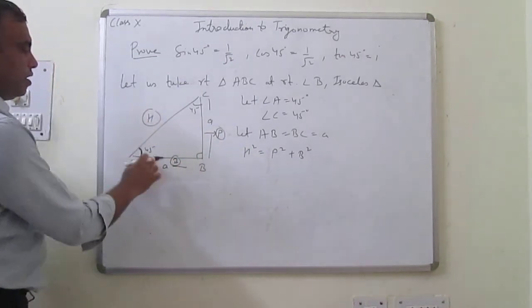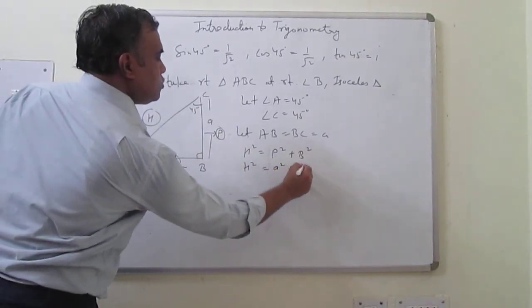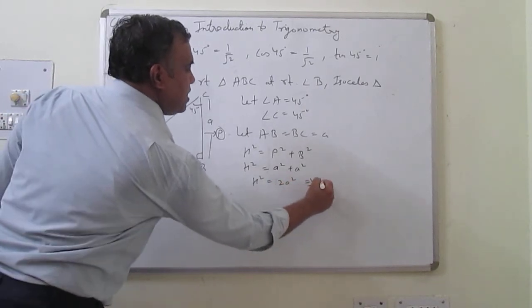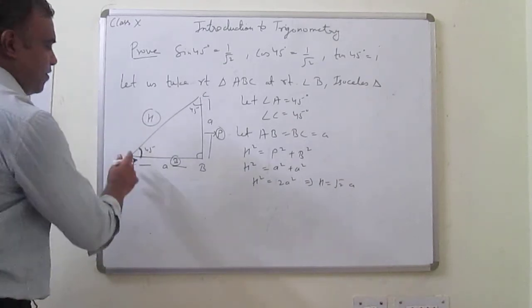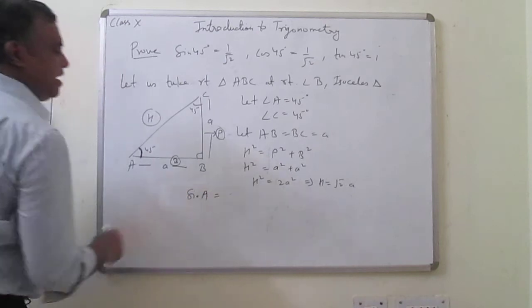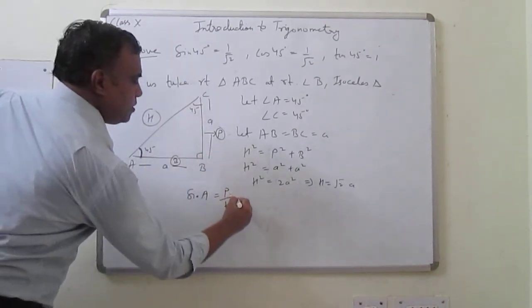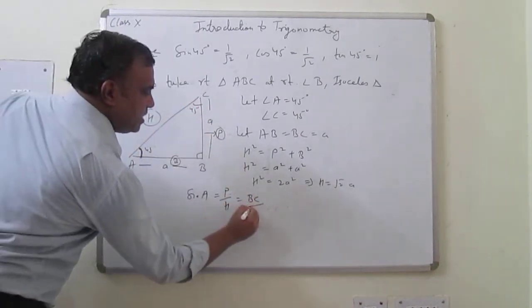Now h square is equal to a square plus a square, so h square is equal to 2a square. This implies h is equal to root 2 a. Now what is the formula of sin A? Sin A is p upon h. Here p is BC and h is AC.